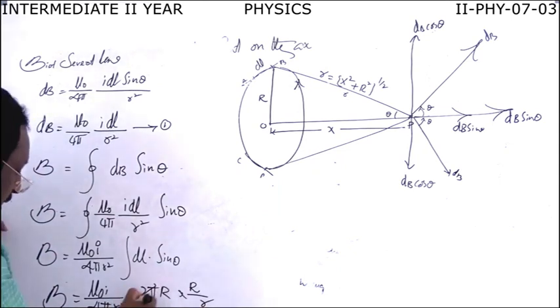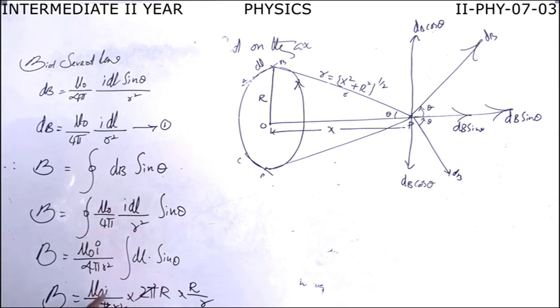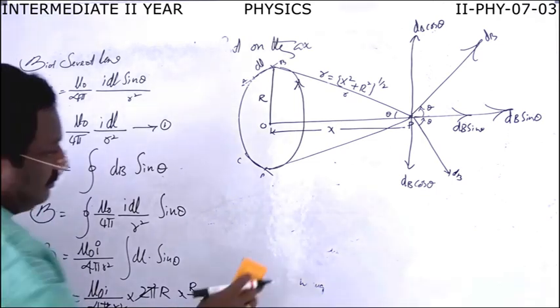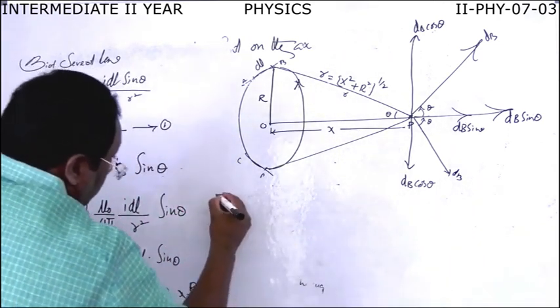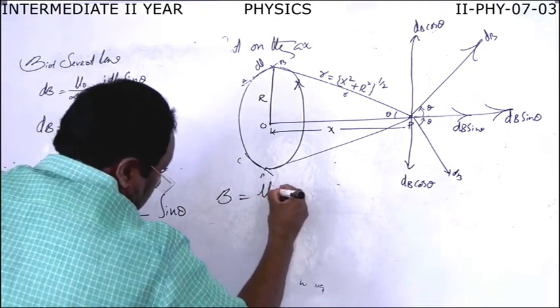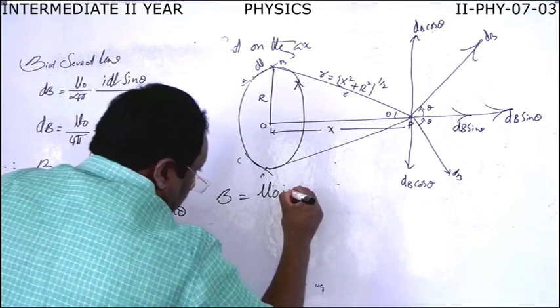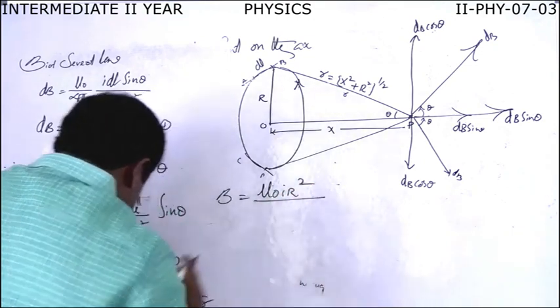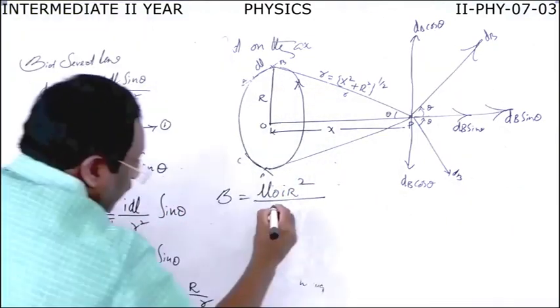Now here 2 pi, 2 times, so in the numerator mu naught I R square by 2 r cube we will get. So B is equal to mu naught I R square in the numerator, whereas in the denominator 2 into r cube.